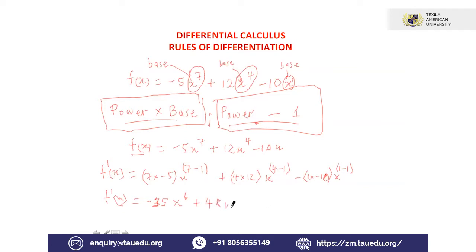Then the power is 4 minus 1, so the power becomes 3. Then negative 1, outside the bracket there is a number here. It is not visible, but you know that when the number is not visible, the product is 1. So 1 times negative 10 is negative 10. Negative 10 times 1 will give us positive 10.